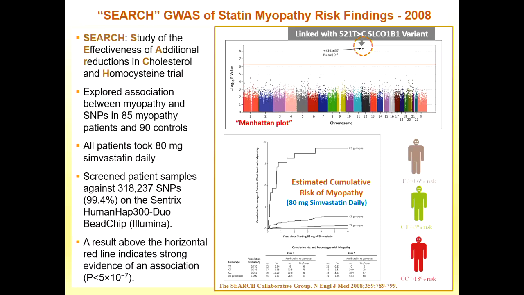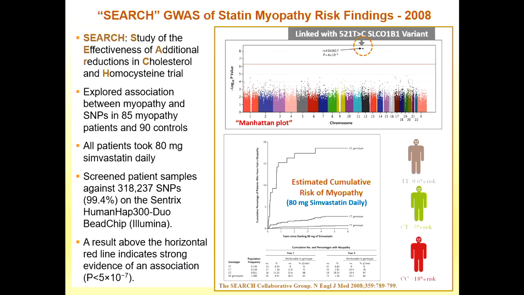And this is a famous study from way back in 2008. This is one of the great studies in pharmacogenomics history, really, and it was this effort that really put pharmacogenomics on the map in a lot of clinical settings, because it showed that you really could identify people who are at risk of this nasty myopathy syndrome.